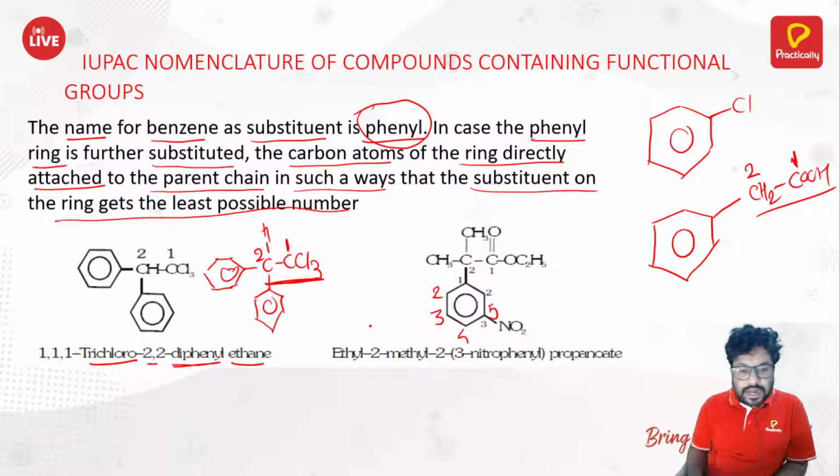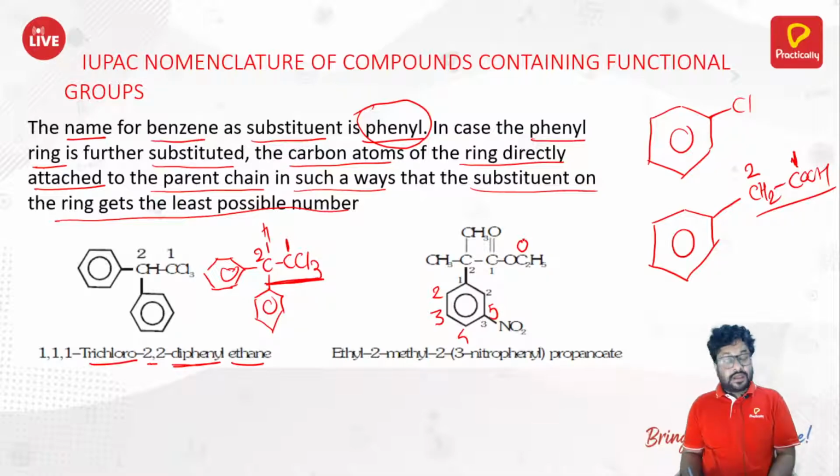Okay. Similarly here, you actually start counting from here. This is the first carbon. But you know what happens in an ester? The carbon attached to this oxygen is actually numbered 0.